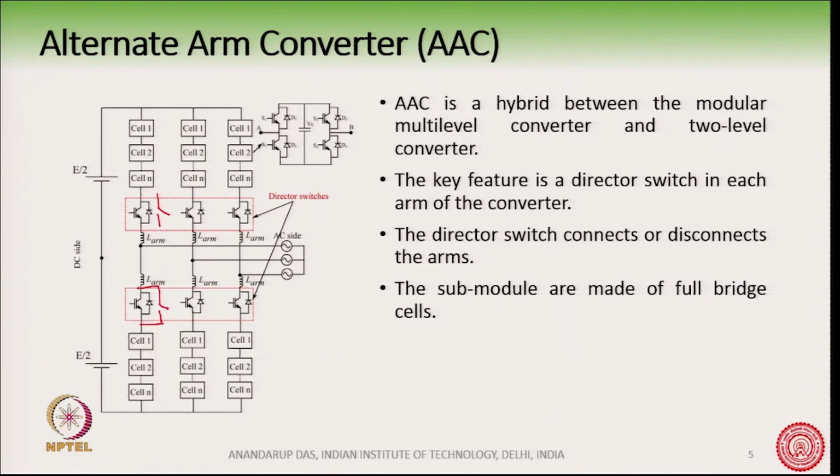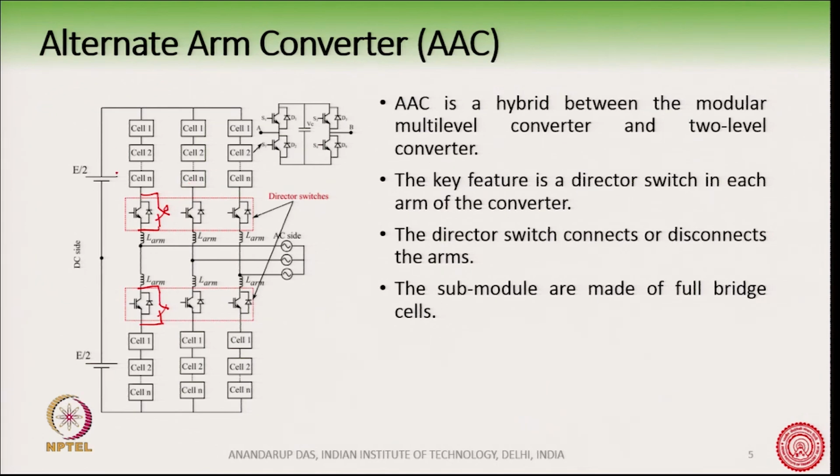Okay. This is a switch here. During the positive half of the AC waveform, we will use this upper director switch and we will open this switch here. In the negative half of the AC waveform, we will use this director switch and will open this one.